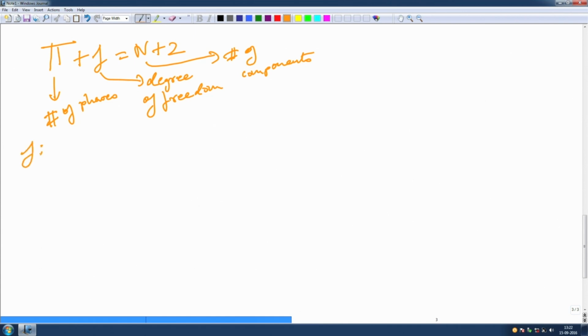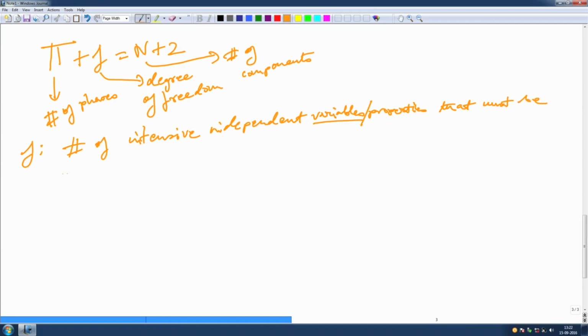So, F is basically, by degree of freedom, what we mean is that F is the number of intensive, mark the words, number of intensive independent variables, or independent properties, that must be specified to fix the state of the system for each phase.